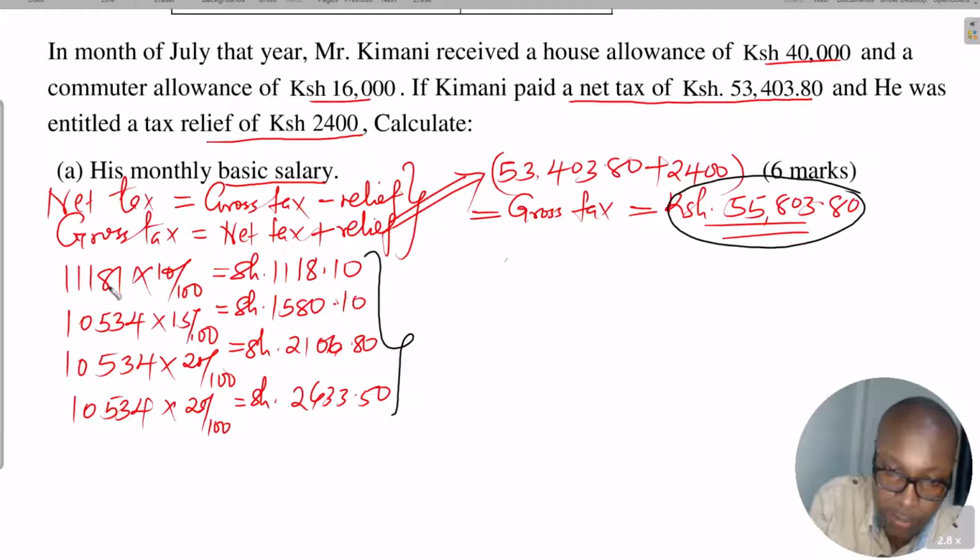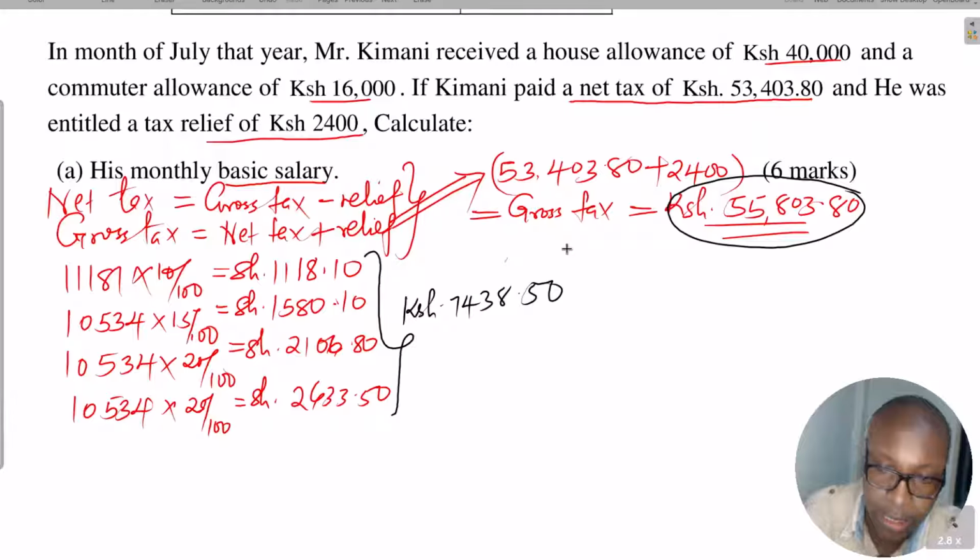When you add everything, you will get 7438 and 50 cents. So that is the tax that we already have from the four bands.